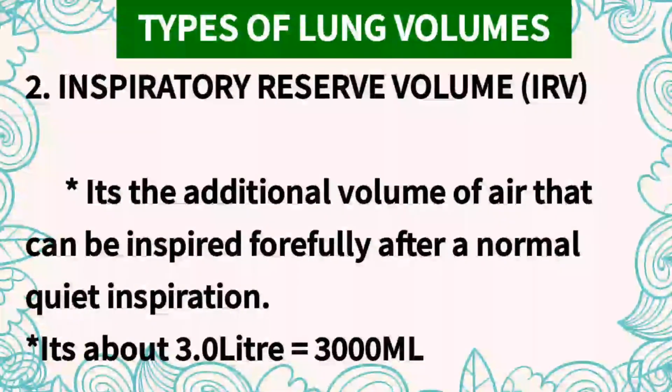So the second one is the inspiratory reserve volume. The inspiratory reserve volume is the additional volume of air that can be inspired forcefully after a normal quiet inspiration, and the value for that is about 3.0 liters, which is equal to 3000 milliliters.